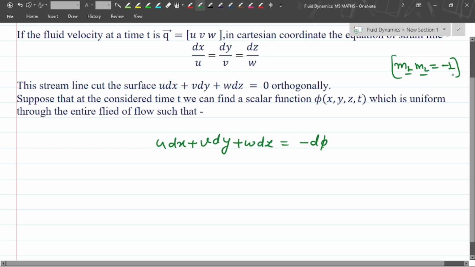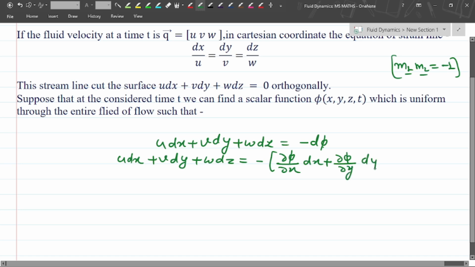In such a manner we will write it as: u dx plus v dy plus w dz is equal to minus, so it is dou phi by dou x dx, the concept of total derivative, plus dou phi by dou y dy plus dou phi by dou z dz.